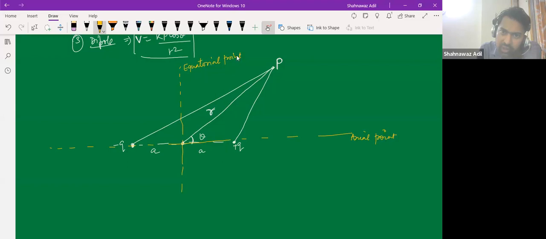So if I choose my P to be here at the axial point, what would this theta be?